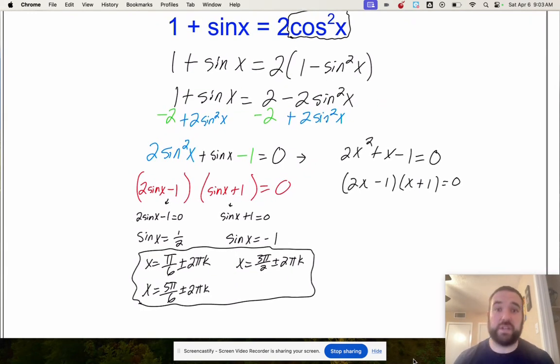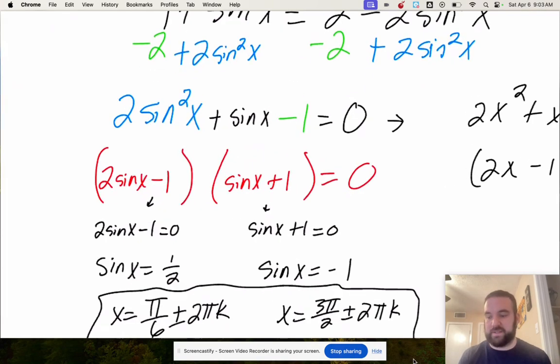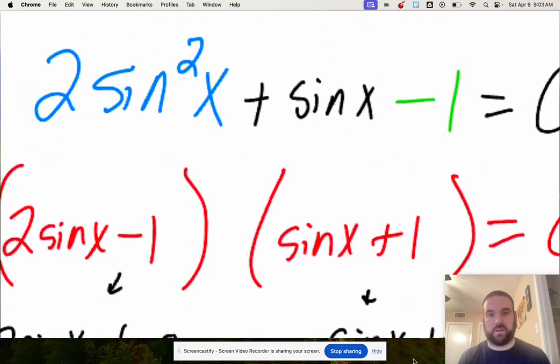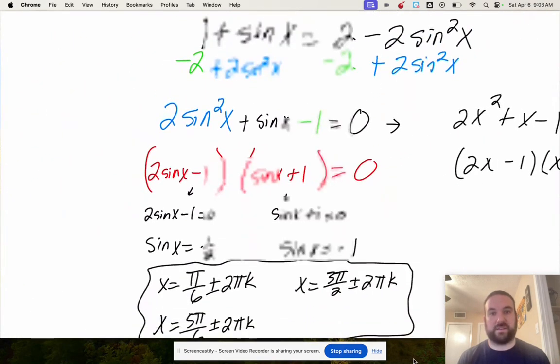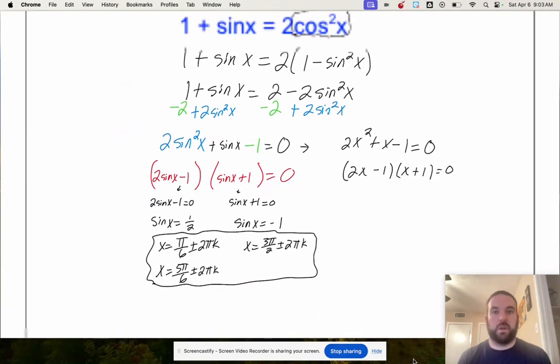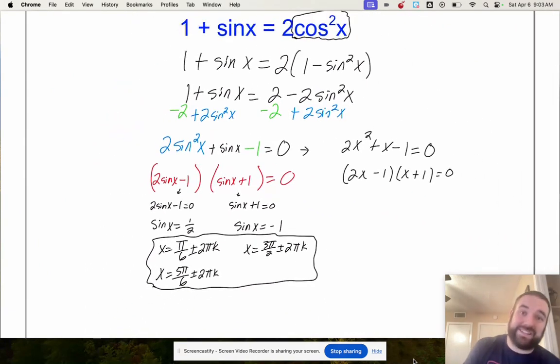The key to this problem was changing cosine squared into 1 minus sine squared. I chose to do that because I saw sine x on the left side of the equation, and I had to get the equation to only be sines, even if they are sine squared and sine not squared. Okay, that's going to do it for this one. Thanks for watching.